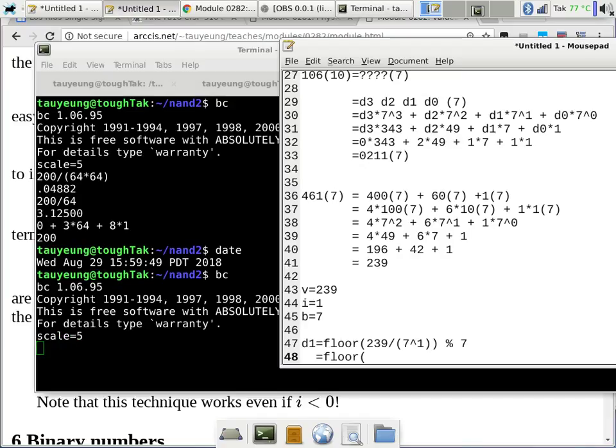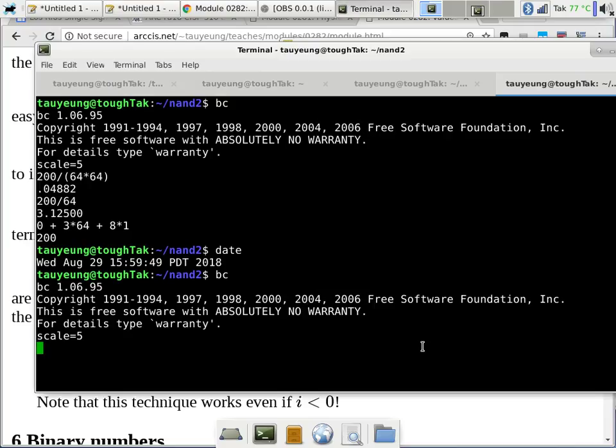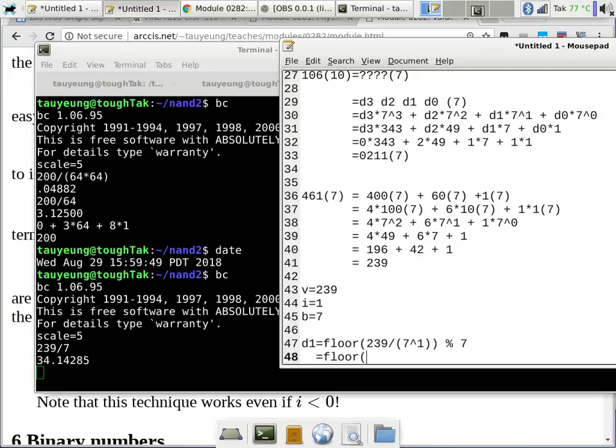239 divided by 7, it's going to be a recurring kind of thing. I'm just going to take 34.14285, blah, blah, blah, okay? And mod it with 7.